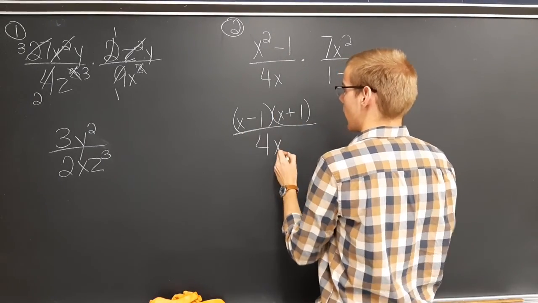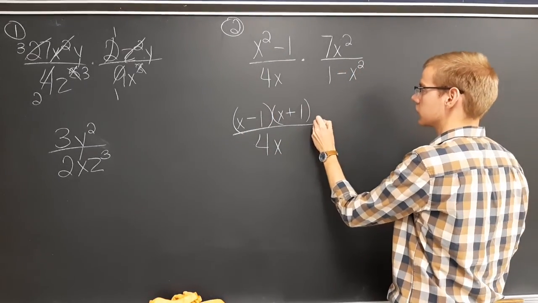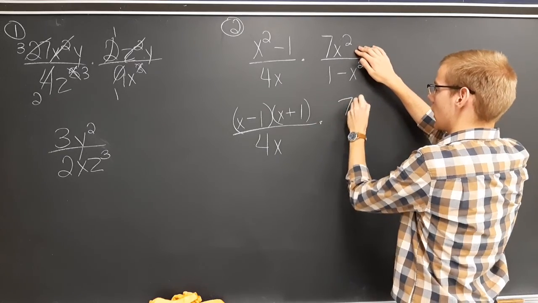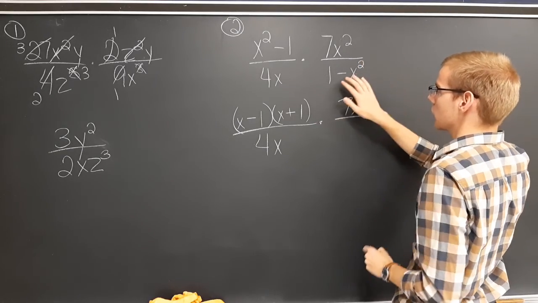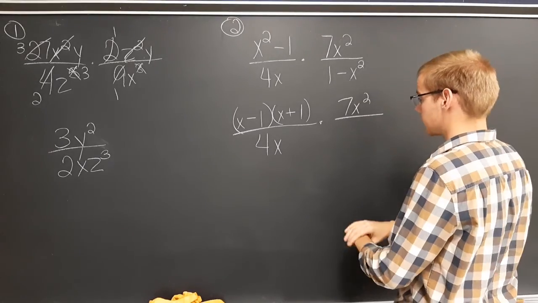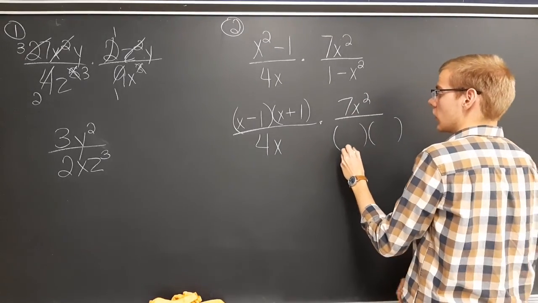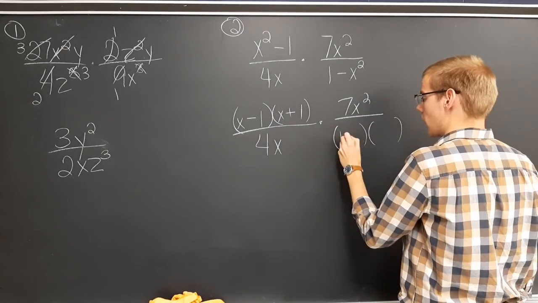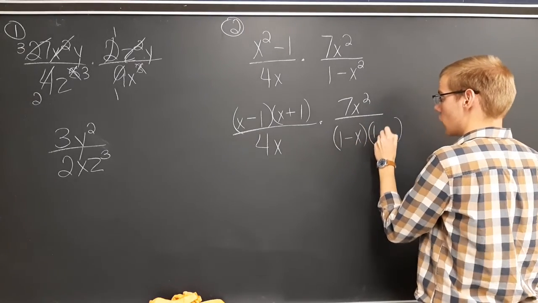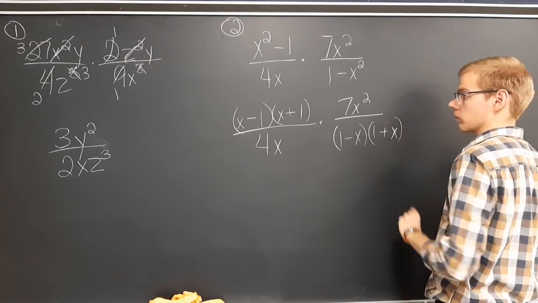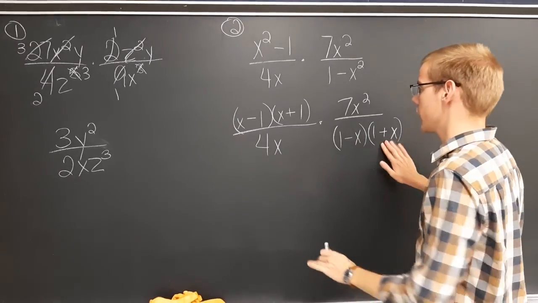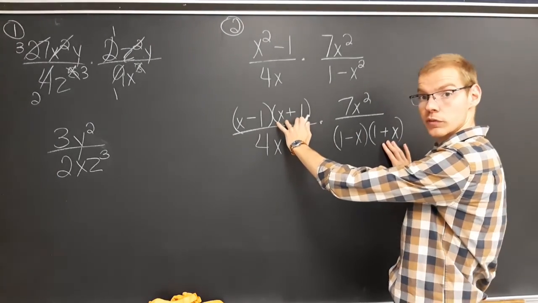And now we have a 4x at the bottom because we can't simplify that. Then we have 7x squared at the top. And this. Let's try it. Same thing. Perfect square, perfect square. 1 minus x and 1 plus x. So, this part you can simplify right away.